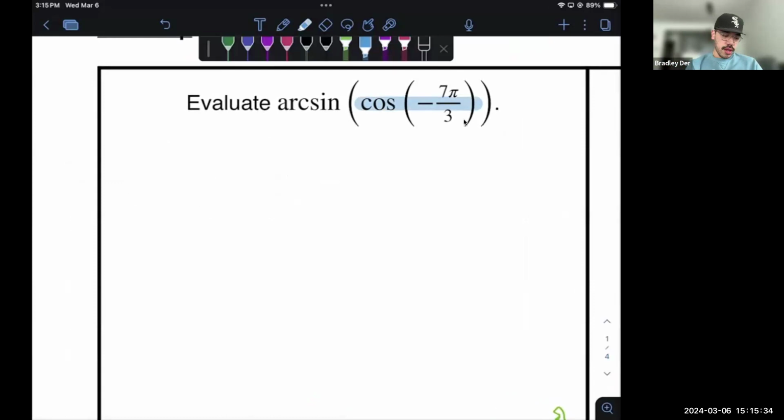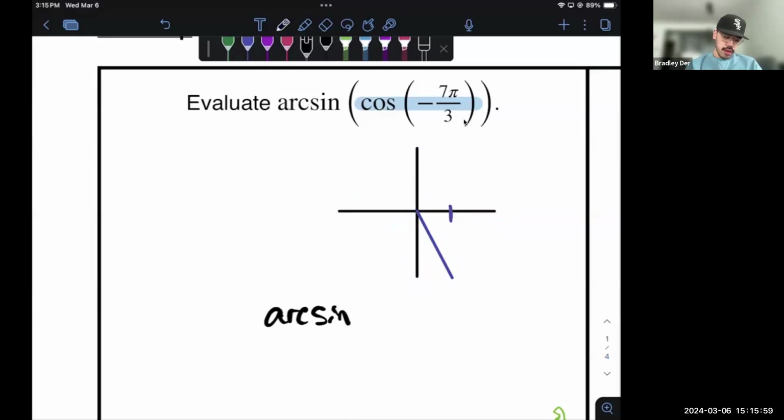So when I think about cosine of negative 7 pi over 3, terminal right here, negative 3 pi over 3, negative 6 pi over 3, negative 7 pi over 3. I want to find the cosine of that value. That would be 1/2. So really I'm trying to evaluate what is arcsine of 1/2.